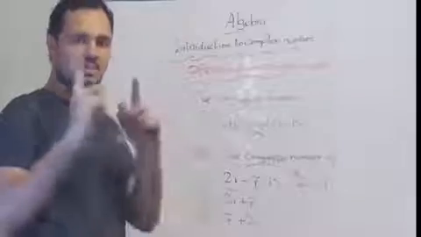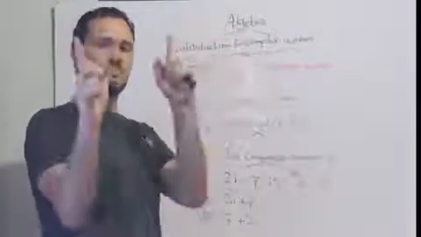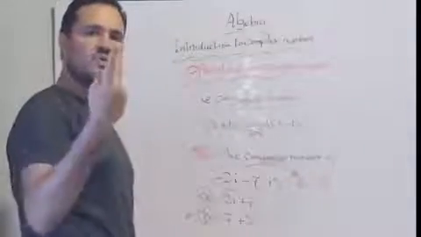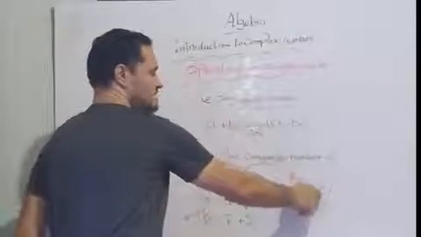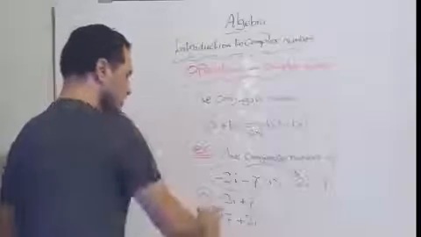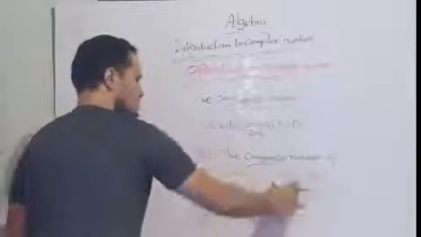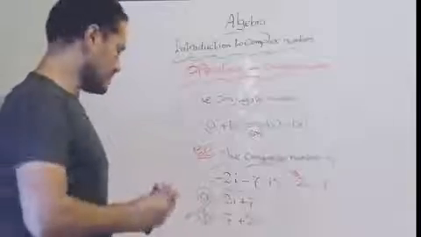I said that the complex number may be imaginary plus real or real plus imaginary. So if you swap them, 2i that's positive, and negative 7 that's negative, the answer will be negative 7 as a real, positive 2i as an imaginary. Okay?